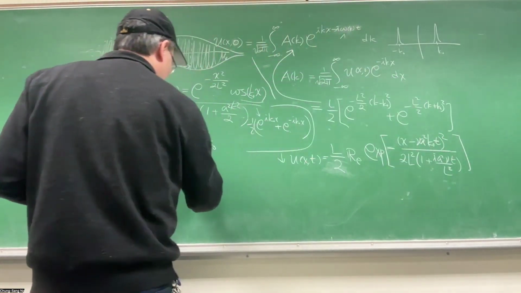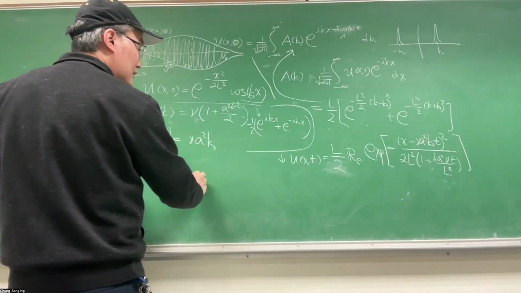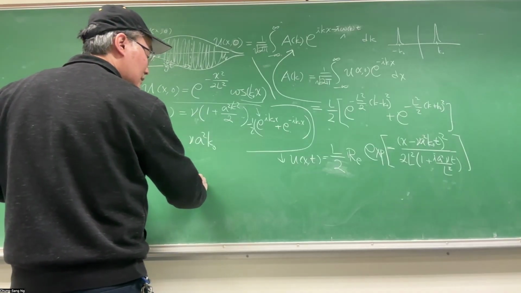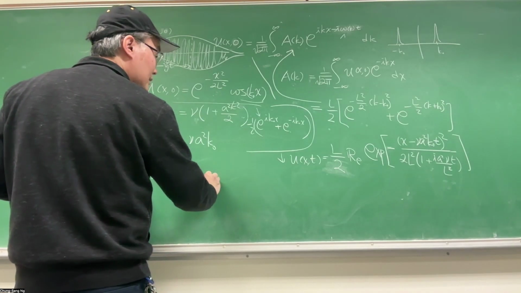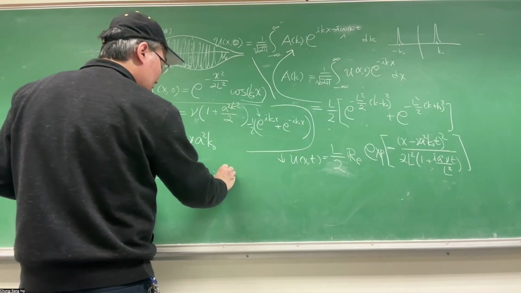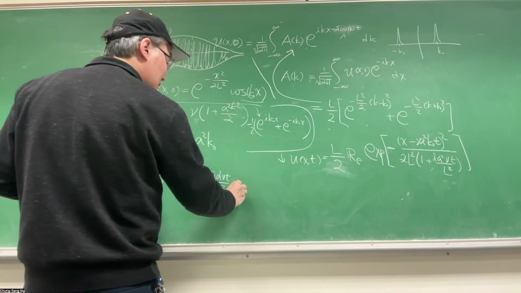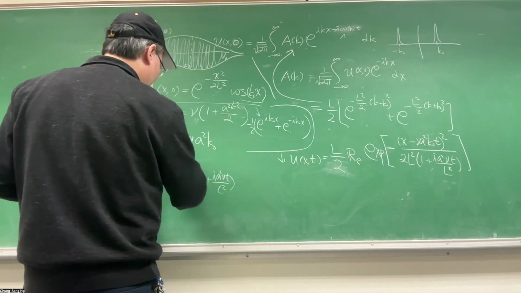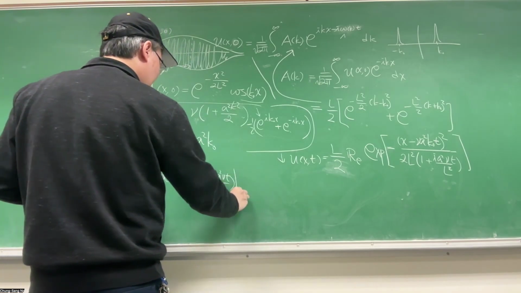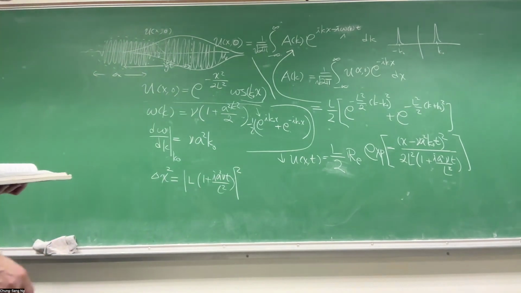So it's like the argument of L times 1 plus i a squared mu t over L squared, or the x squared argument squared, the magnitude squared.